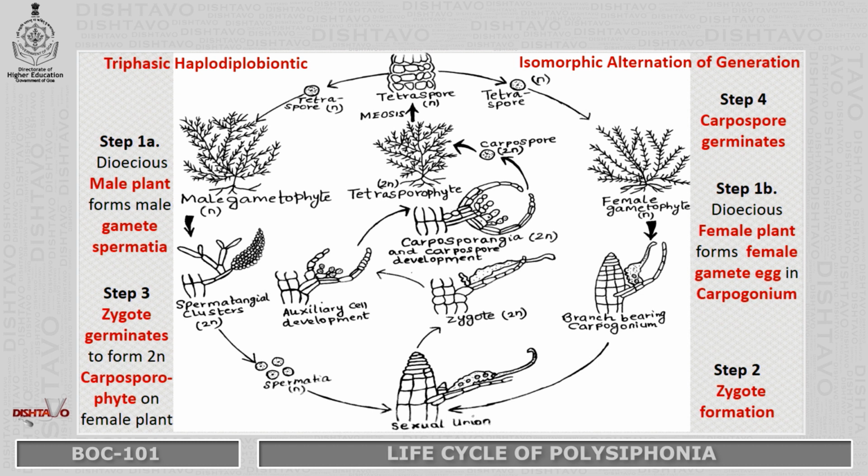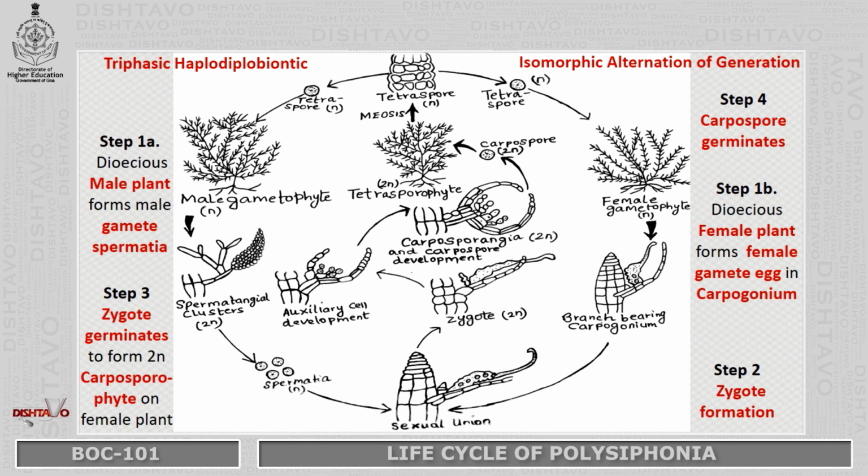The life cycle of Polysiphonia also shows isomorphic alternation of generation. What is isomorphic alternation of generation? It means that all three phases, that is the gametophytic phase, which is haploid, and the diploid phases, tetrasporophyte and carposporophyte, look morphologically similar, and because of this it is called isomorphic alternation of generation.